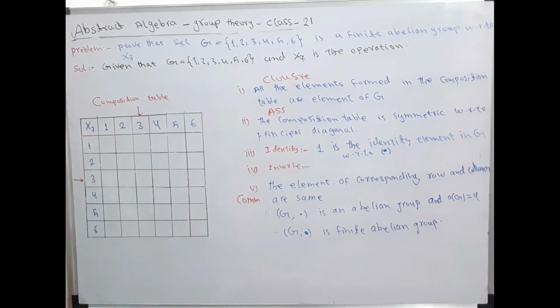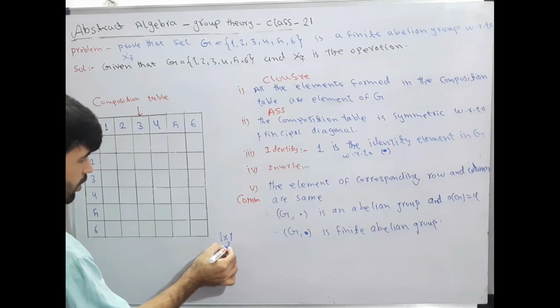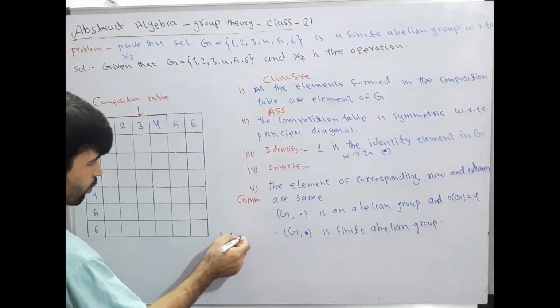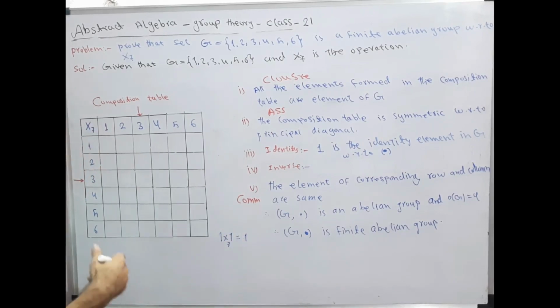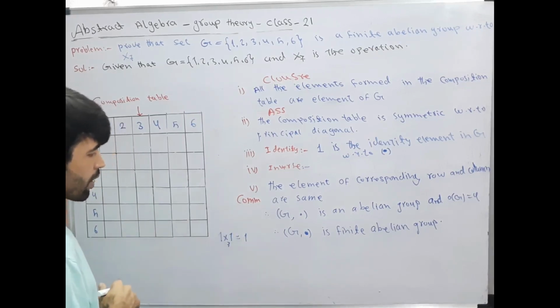It means if we multiply 1 by 1 or any two elements from the column and row, then the remainder will be in this table. Example: 1 multiplied by 1 modulo 7 equals 1, because 1 into 1 equals 1, and 1 divided by 7, the remainder will be 1.